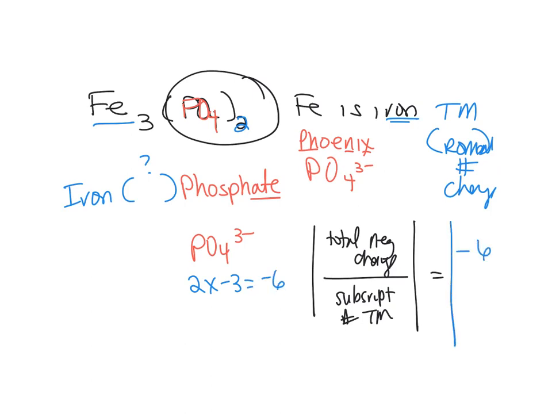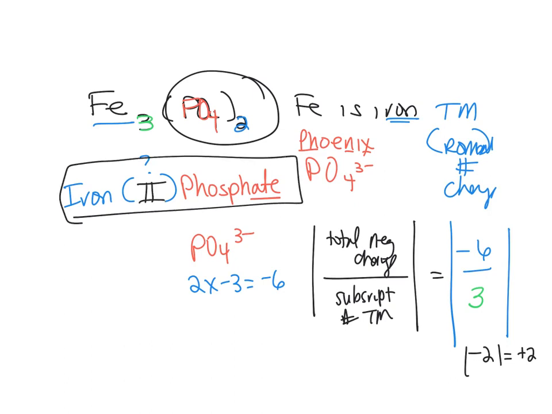So this is -6, absolute value, and then the 3 subscript is that. So 6 divided by 3 is 2, and then that's going to be a +2 because it's on the positive side. So there is going to be iron(II) phosphate, and that answer is D. Okay, so practice naming, work your problems, and your suggested problems.